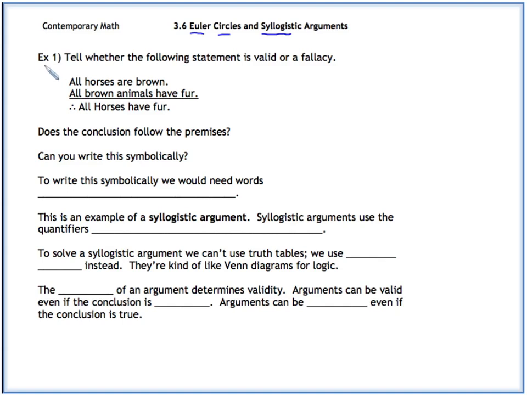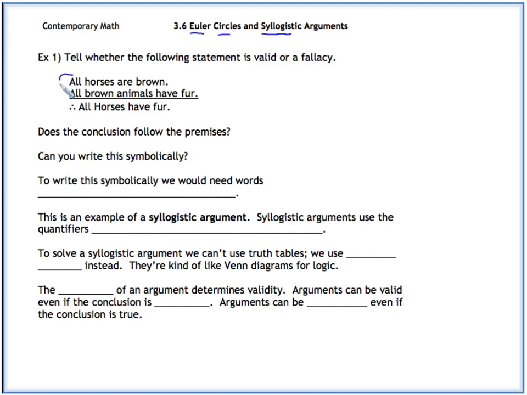So our first example, it says tell whether the following statement is valid or a fallacy. So you'll notice this form is kind of the same as we were working with before. It says all horses are brown and all brown animals have fur, therefore all horses have fur. Okay, so does the conclusion follow from the premises?